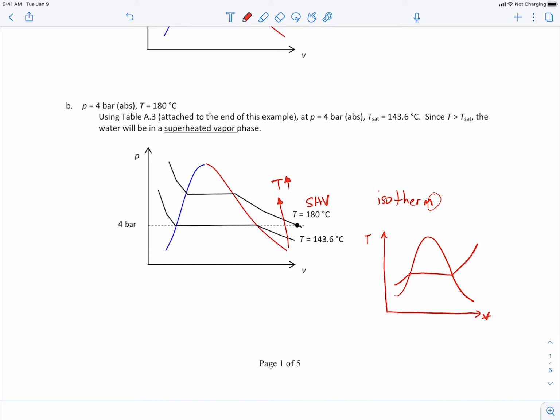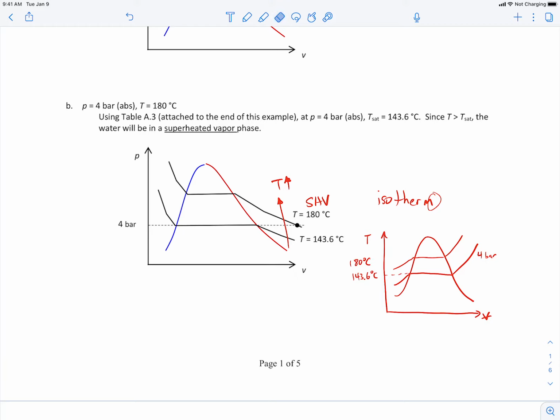We'll make this one 4 bar here, and the corresponding temperature for that would be 143.6 degrees C. And then we're at 180 degrees C.